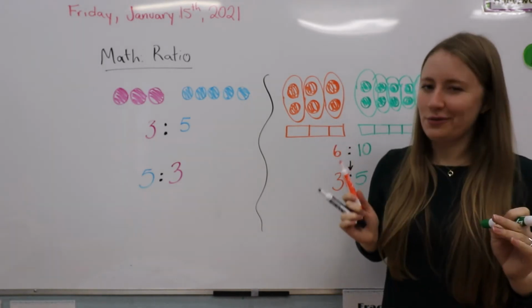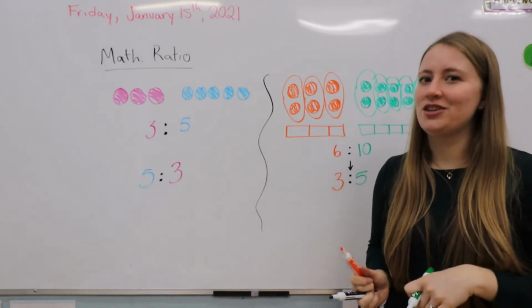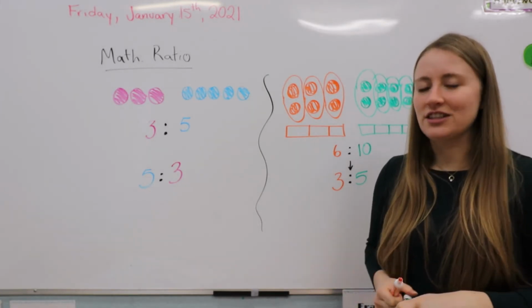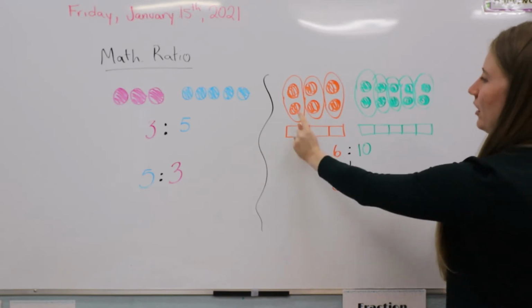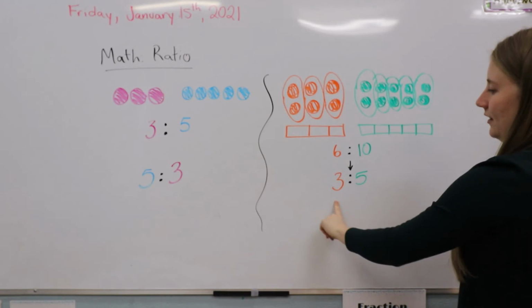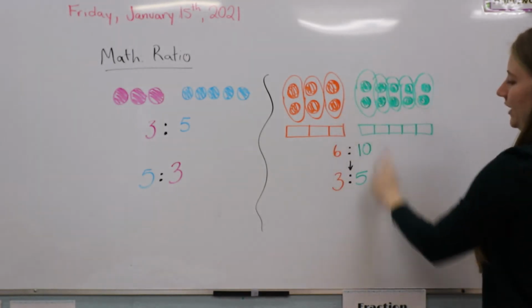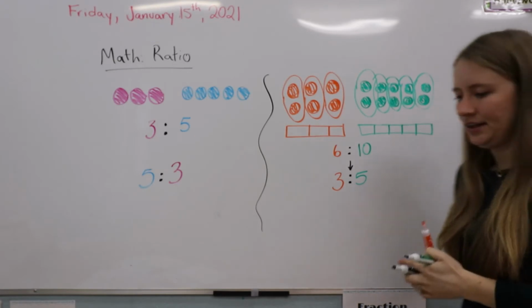This is something you're familiar with from fractions. You'll find that ratios feel quite familiar to you because it has to do with fractions too. Okay? So do you see how that works? So the ratio of orange, so groups of counters, is 3 to green 5. So again, it's the groups of counters.